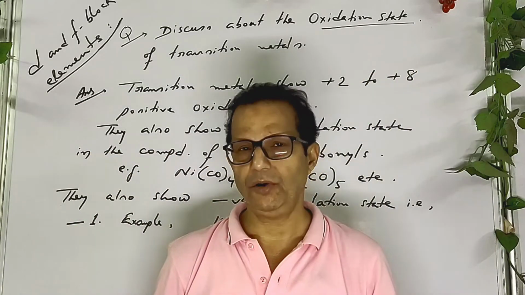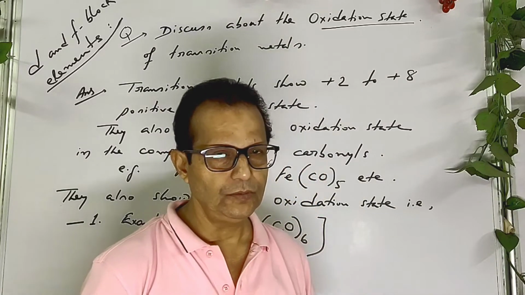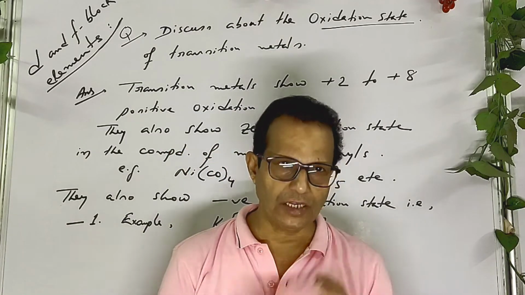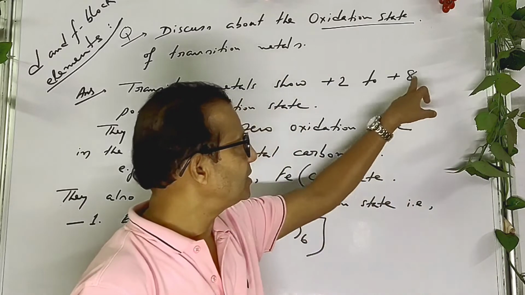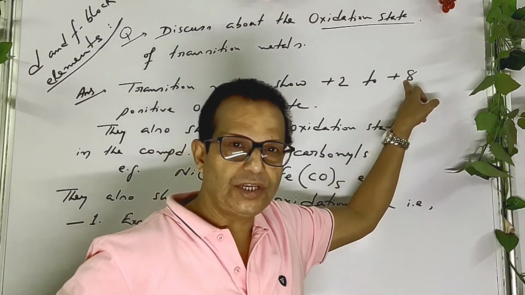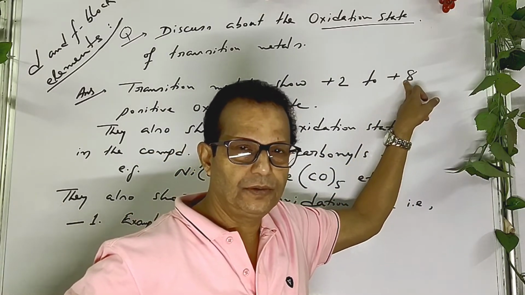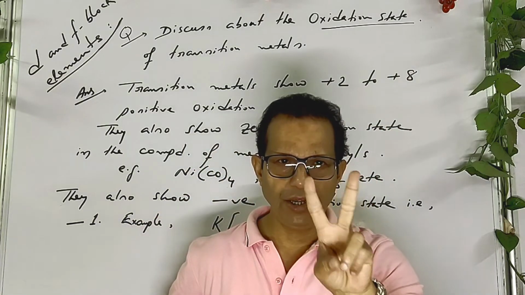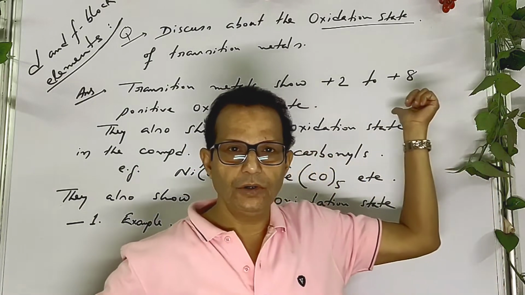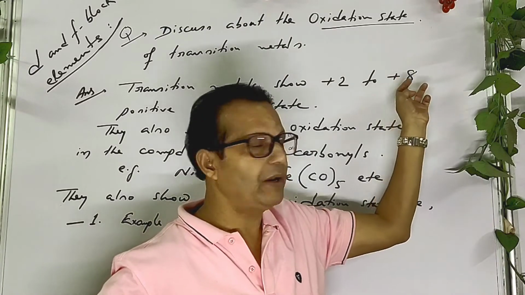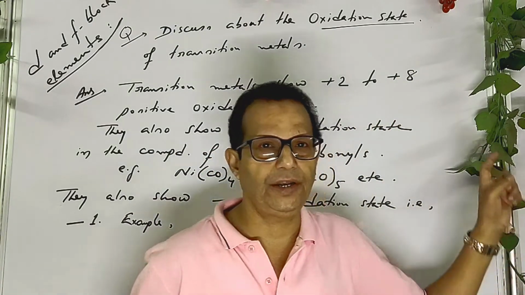So these are the positive oxidation states. Transition metals show positive oxidation states of +2 to +8. +8 is the highest oxidation state shown by transition metals. There are 2 elements, ruthenium and osmium, that show the highest oxidation state of +8. Okay, I will discuss the question regarding it.